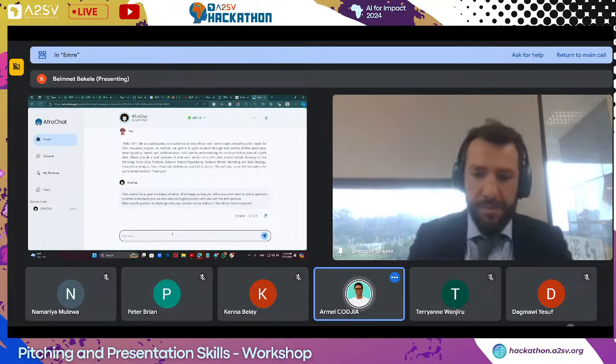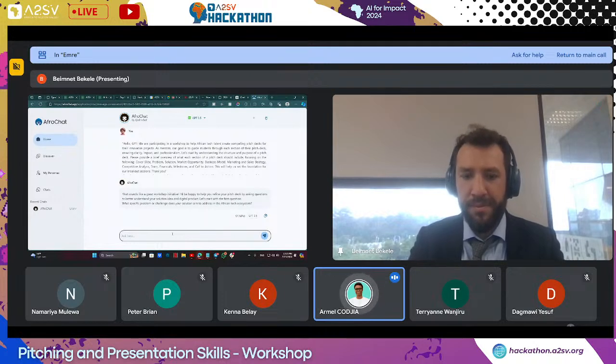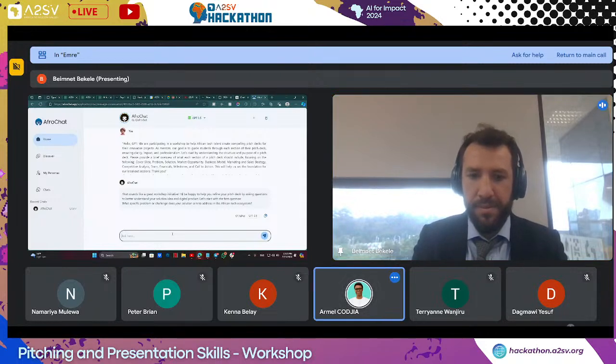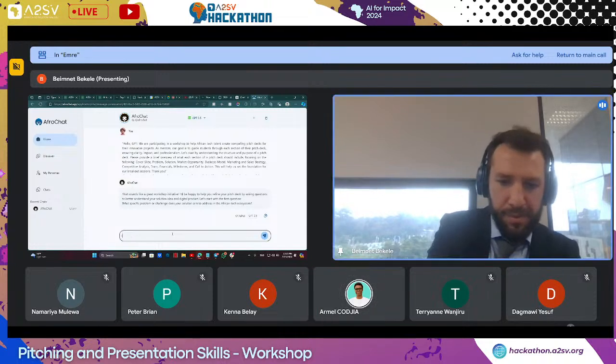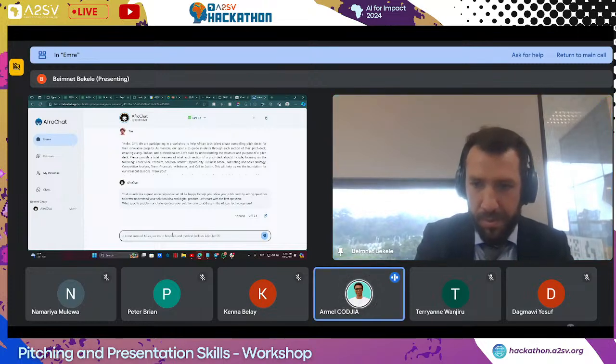Let's say a mobile app, for instance, in the medical sector to help people in underserved areas, people who do not have access to healthcare, to use that app to schedule a meeting with a doctor instead of going directly to the hospital, because there are some villages that are very far from the closest hospital.